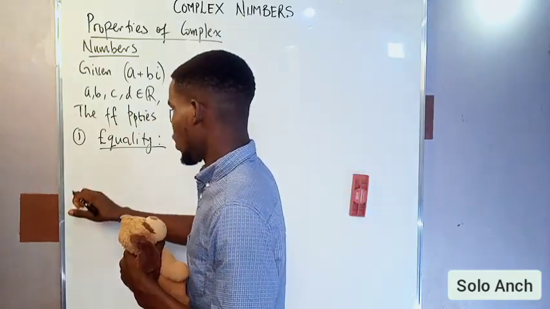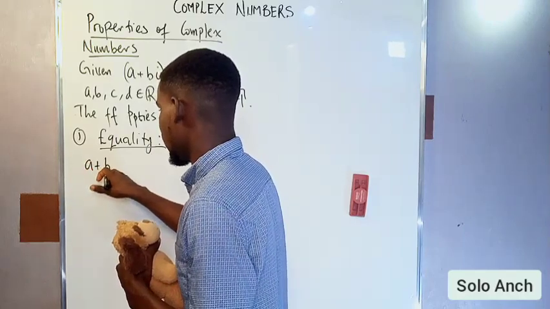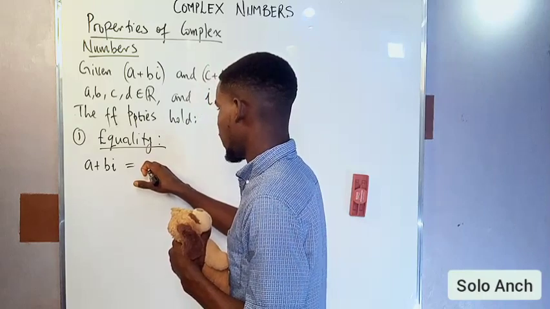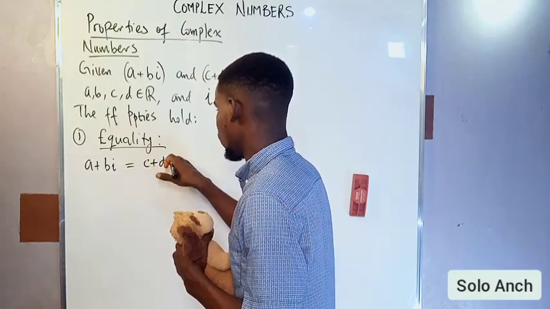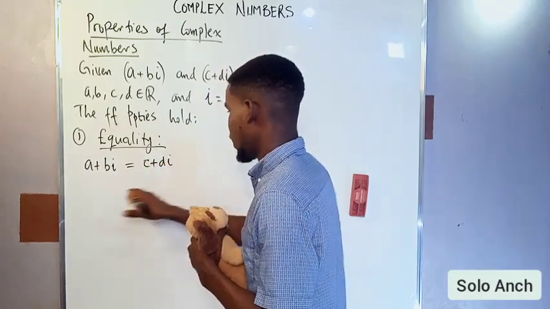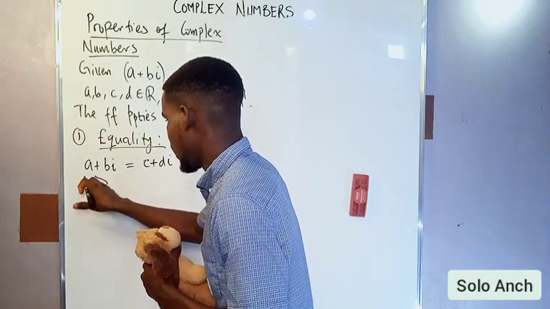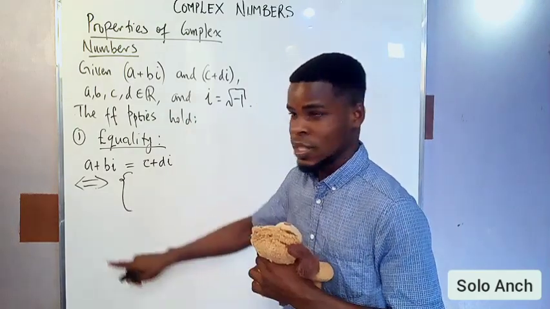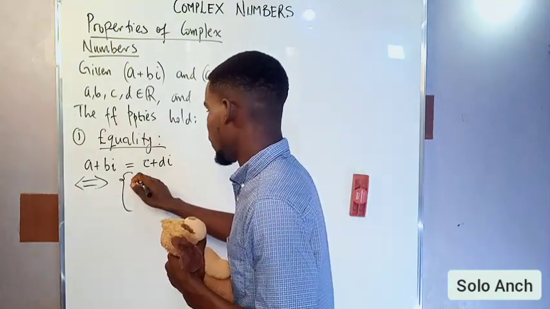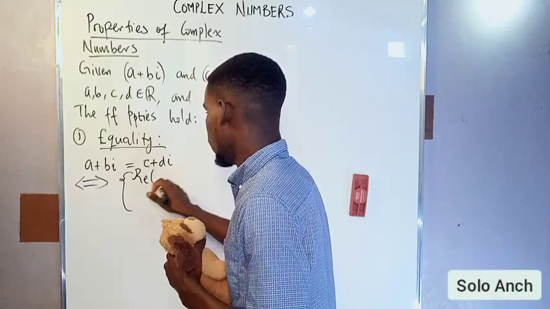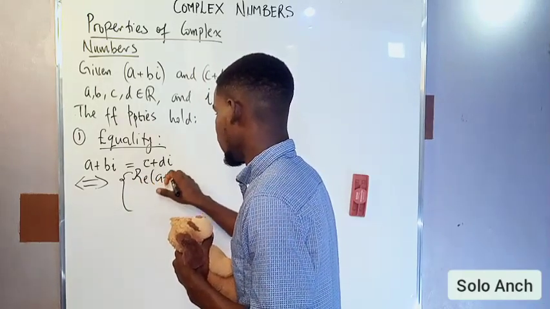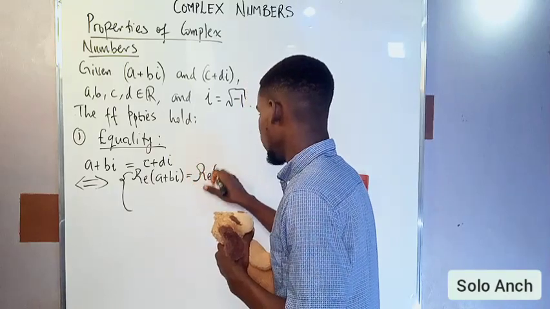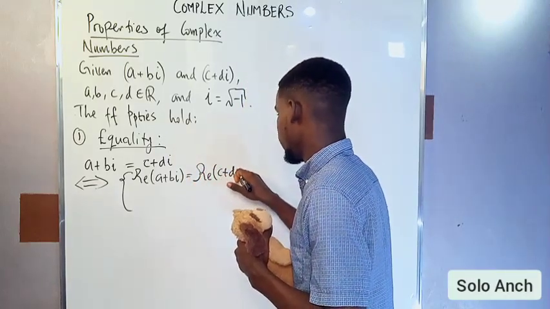So this is it. Two complex numbers, A plus BI is the same thing as C plus DI. Those are the two complex numbers given. And this is true if and only if, so I'm going to put it this way, using a piecewise function. The real part of the first complex number, A plus BI, is the same as the real part of the second complex number, C plus DI.